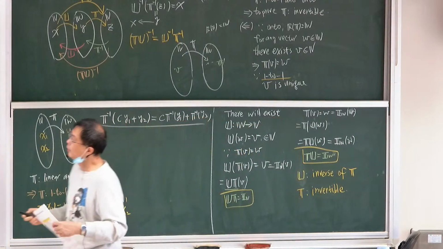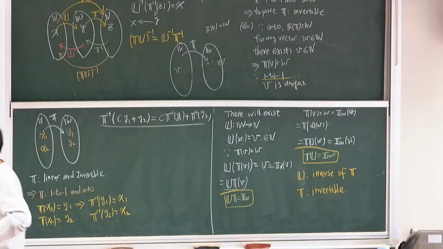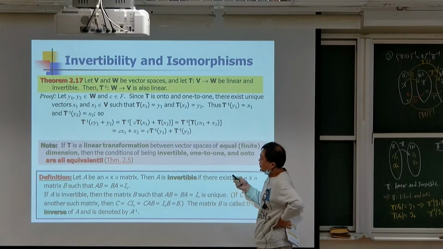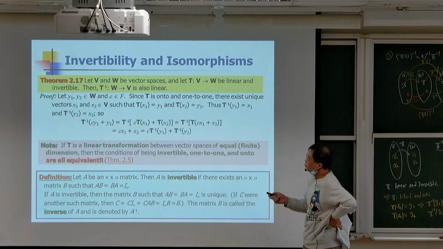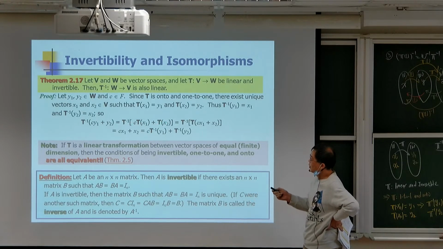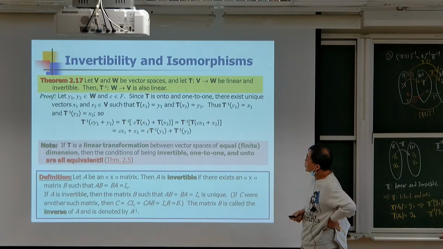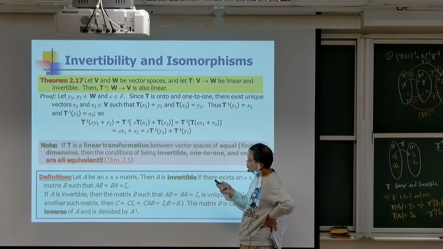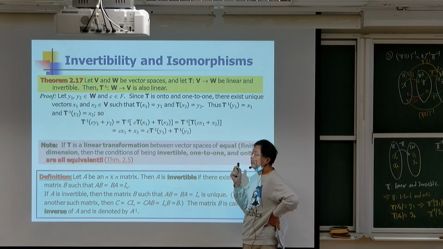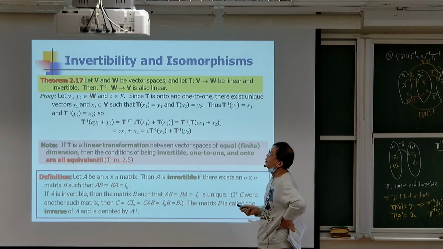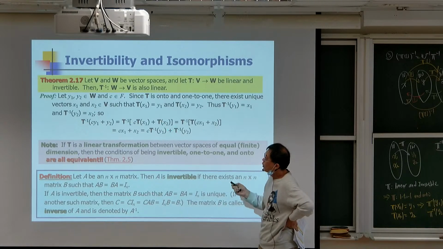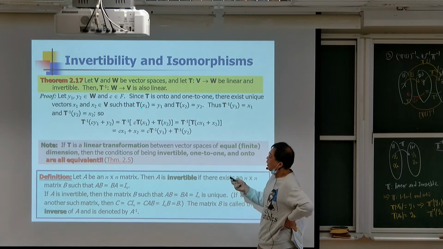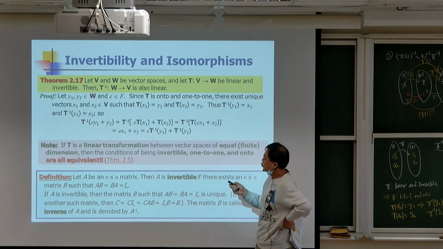So here we can just replace y1 by T(x1) and y2 by T(x2). So we have T inverse of (c T(x1) plus T(x2)). Because we already know that T is a linear transformation, c T(x1) plus T(x2) will be equal to T of (c x1 plus x2).